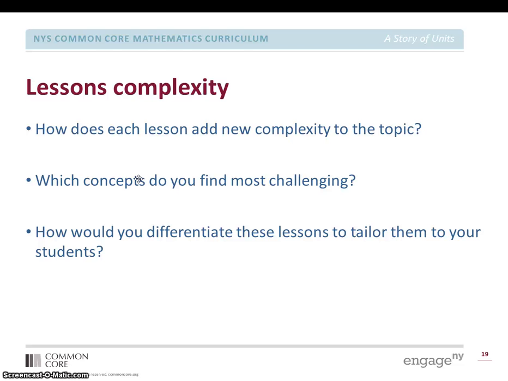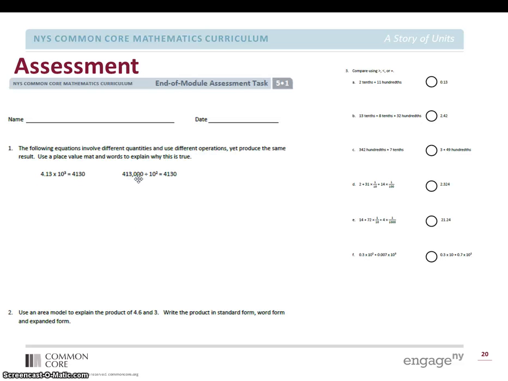You'll see the lessons get gradually more complex, as well as the modules as they go through the year. This leveled complexity is designed to help kids get better at stronger ideas, but always starting at a good access point. The final point is the assessment.